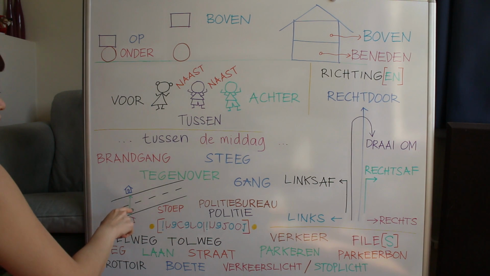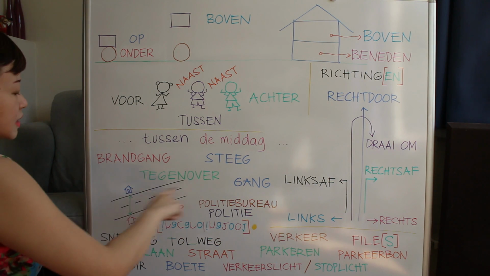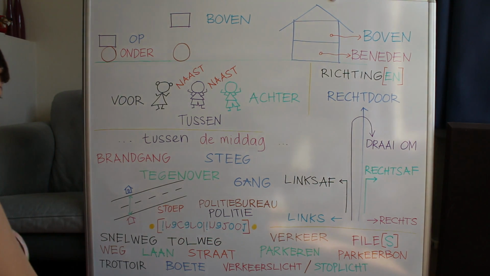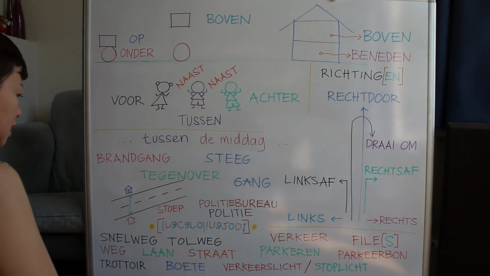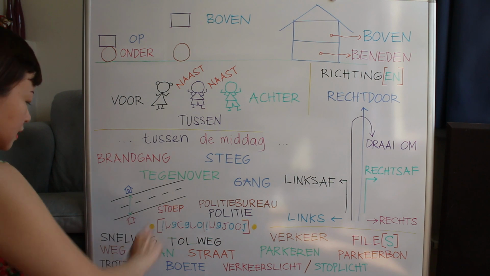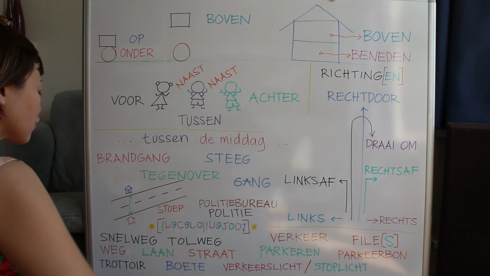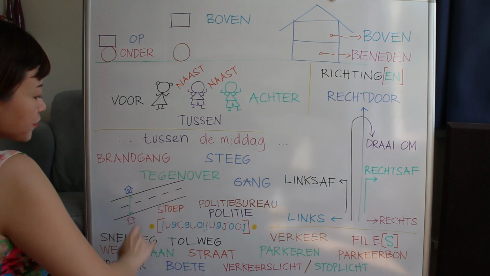This is across. When we have to say across, we say tegenover. Pedestrian or sidewalk. Sidewalk, I don't draw anything here, but it's here.